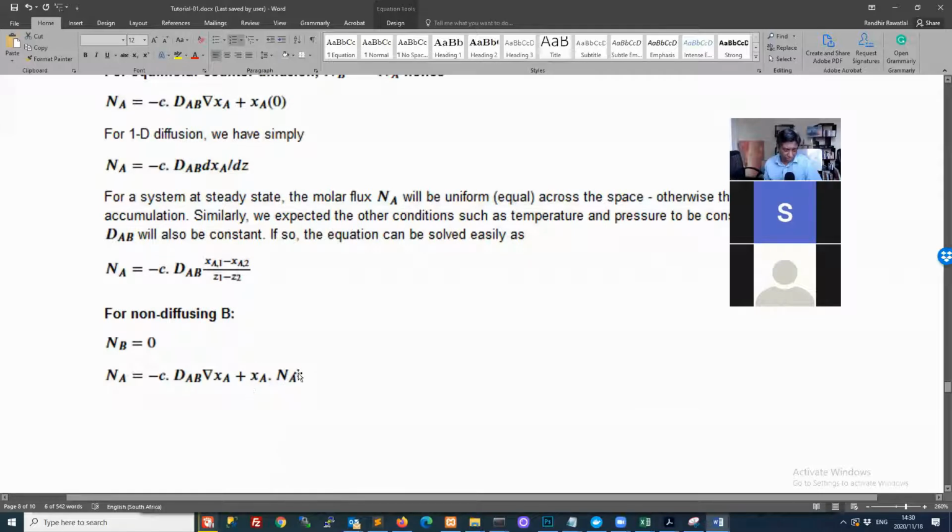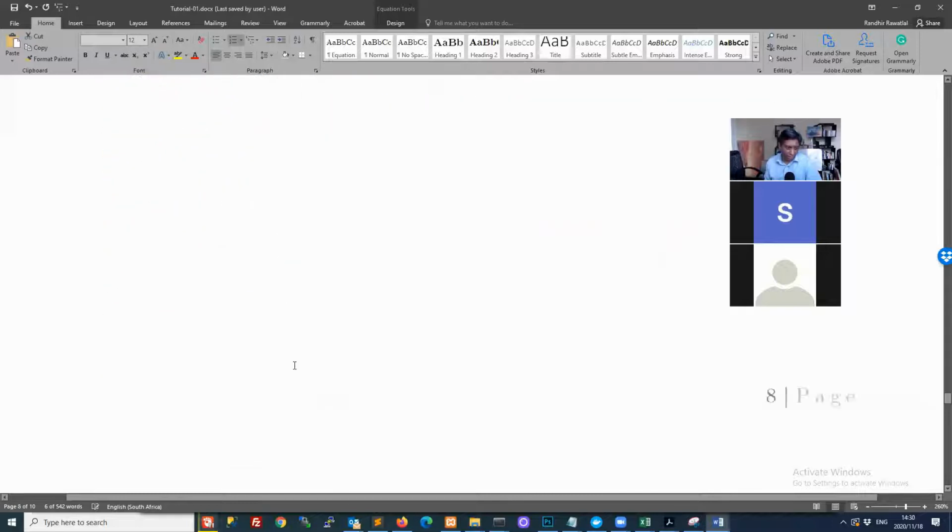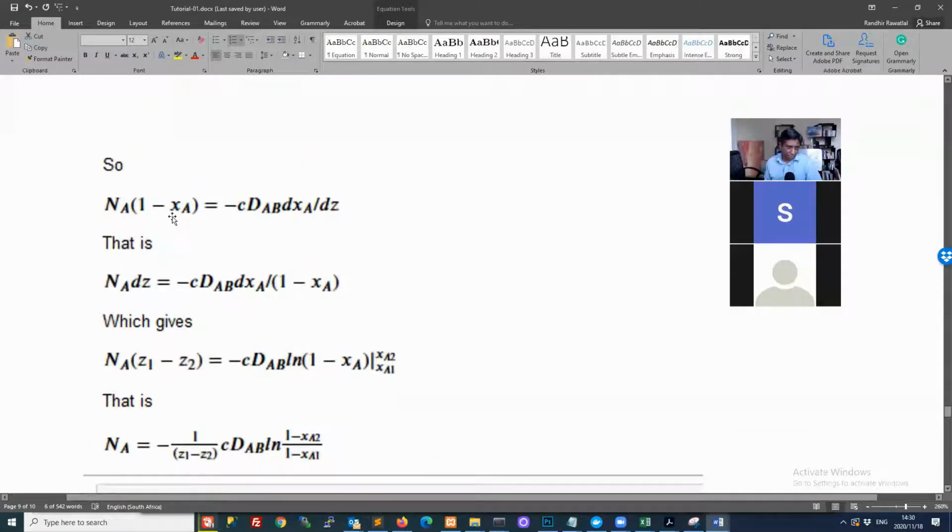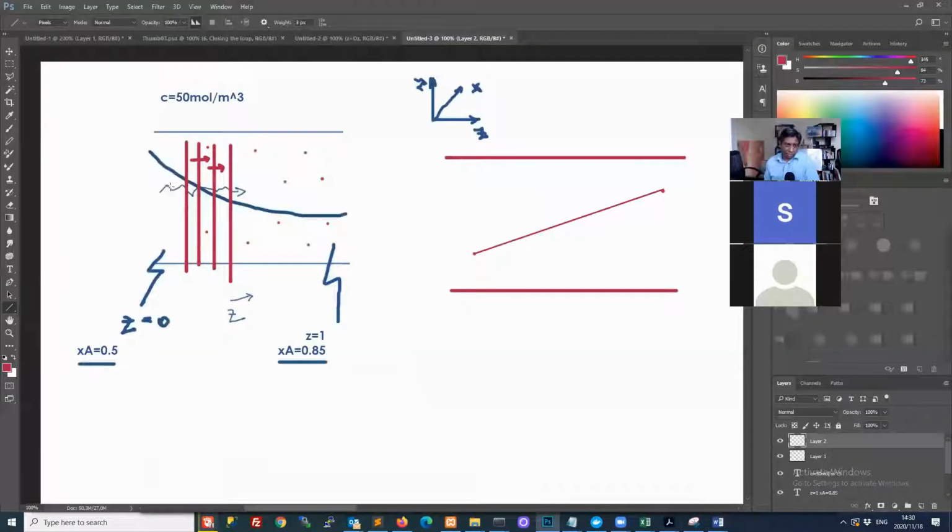So you can take this XA term across and group it out with NA. That's there, and then that's what's left over on this side. And now the same argument still holds. The molar flux is still constant, right? We are still talking about steady state. In the question we were asked, what's the steady state concentration profile across the reactor?